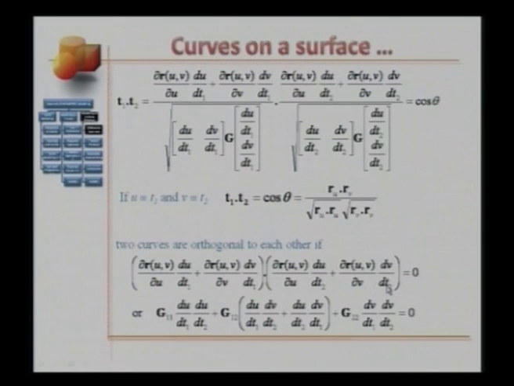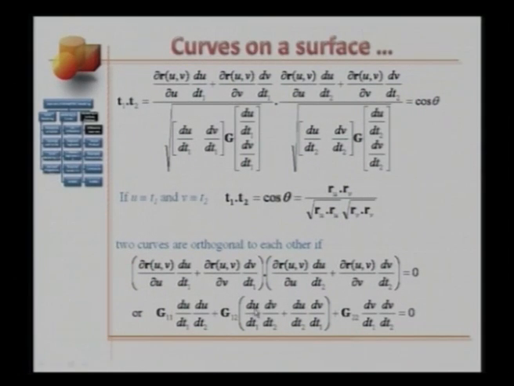You can do your algebra, simplify your result to get g11 du over dt1 times du over dt2 plus g12. Note that g12 and g21 are the same, and g12 and g21 are actually r sub u dotted with r sub v.